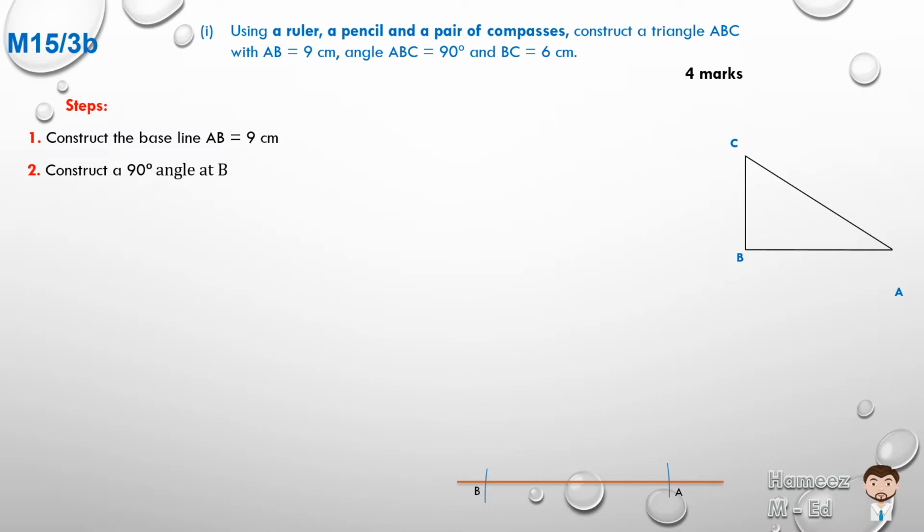We open our compass to any length, but we're going to keep it fixed for this whole angle. So we rest our compass with the metal point on B, because the angle that we're making is at B if we follow our sketch.